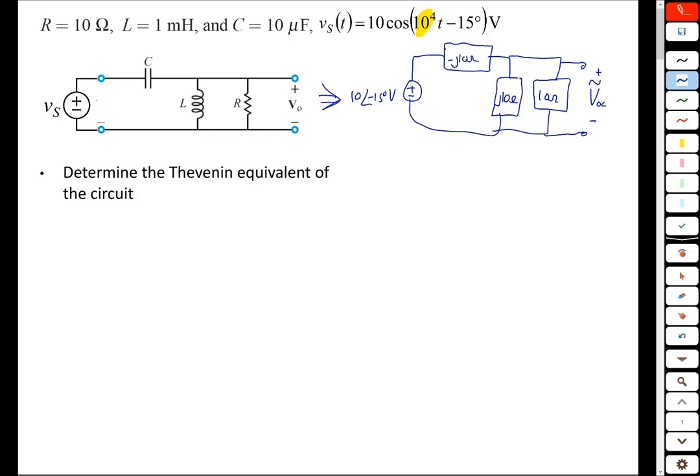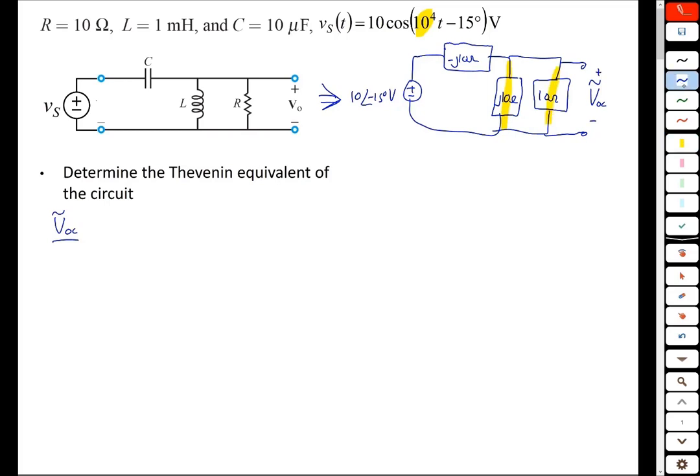Once we set it up as a phasor equivalent, we can now solve it using DC techniques. The only difference, of course, is our numbers are all going to be complex numbers. So the first thing we want to find is V_OC phasor. You could find that using whatever approach you want. What we're going to do is combine these two impedances in parallel, and then use voltage division.